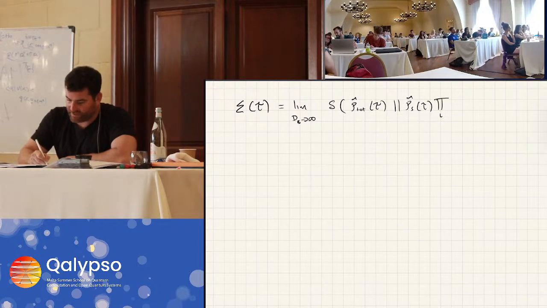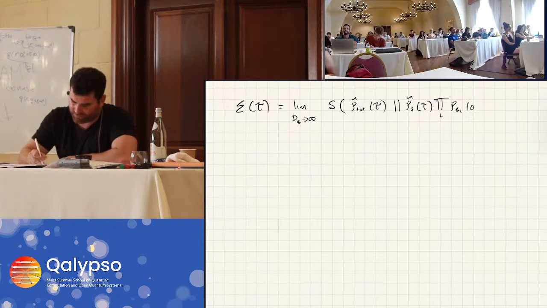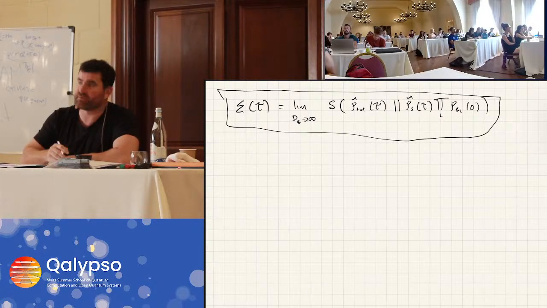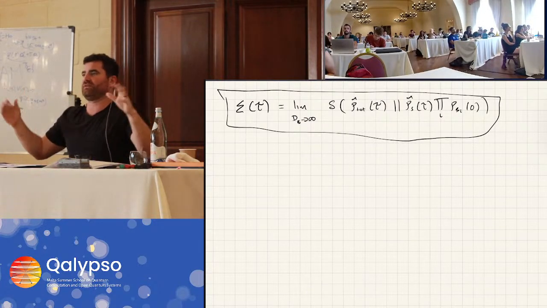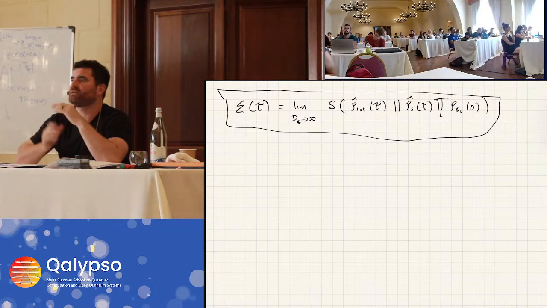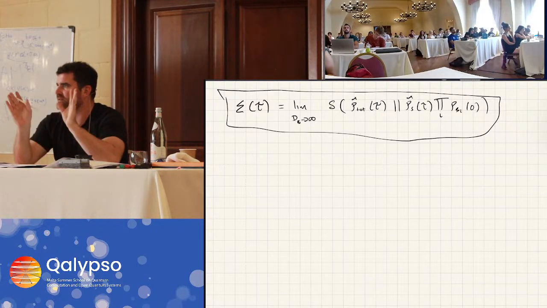So I didn't prove this. This was an exercise in the one bath case, but it's okay, you can get the gist. So why am I taking the limit of the bath dimension to go to infinity? There's a reason for that, well, maybe I won't get into, but if you want to be very pedantic, to really define the bath as a bath, maybe it's wise to take the limit when the bath dimension gets large.